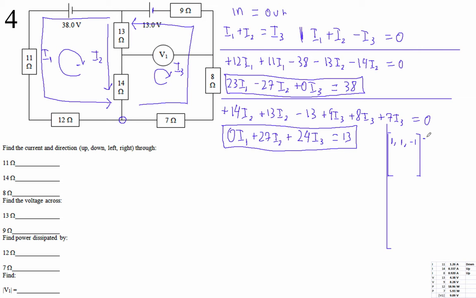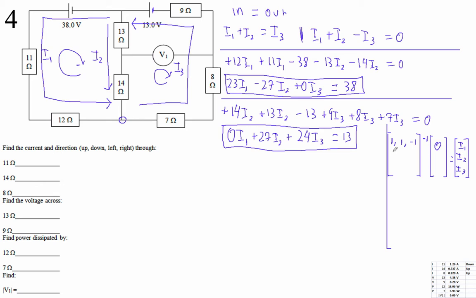I'm going to invert this matrix, and that's going to equal I1, I2, and I3. So 1, 1, negative 1, and in the top here we got a 0.